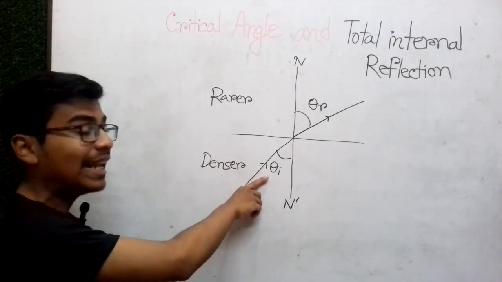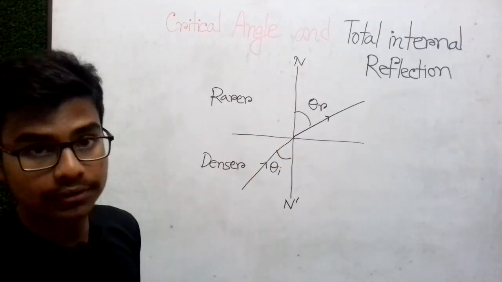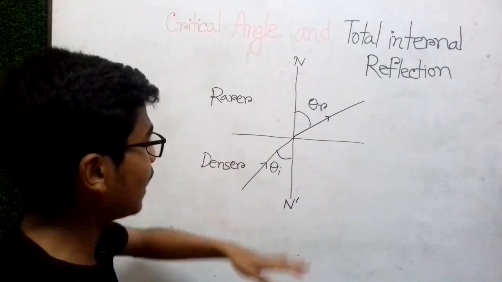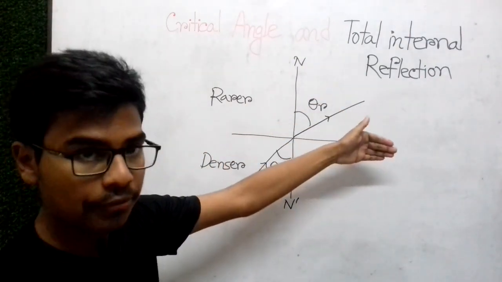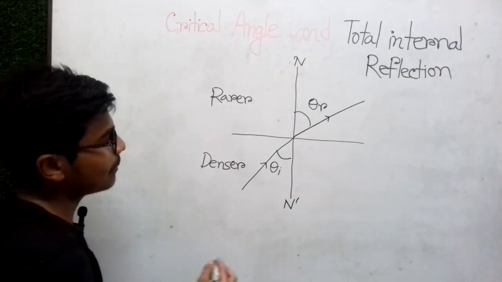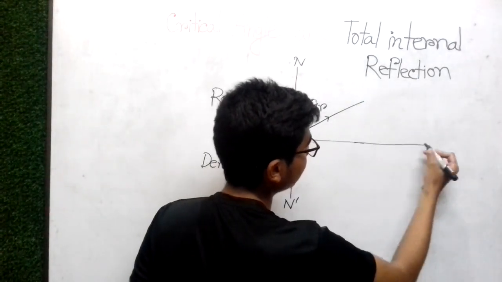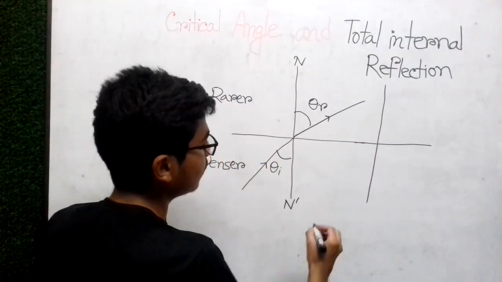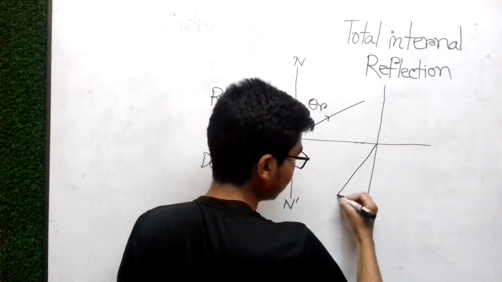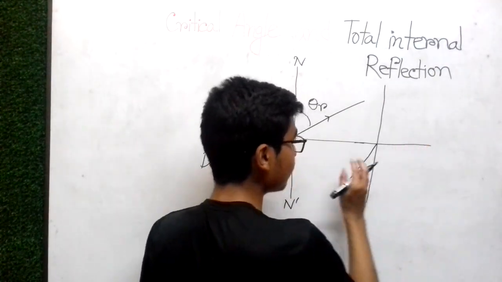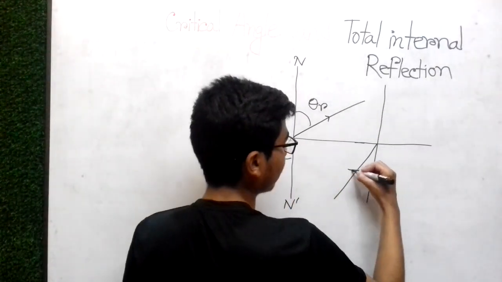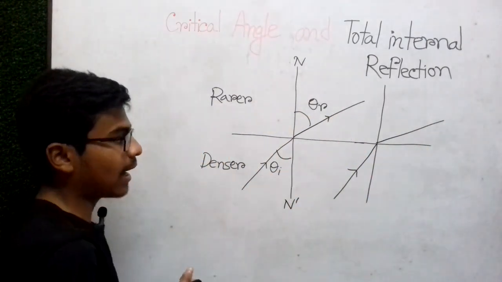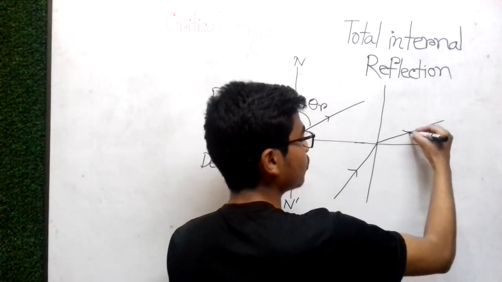Now I'm going to draw another straight line and another normal, and here I'm giving another light ray which is also going from denser to rarer. It will also bend away again.